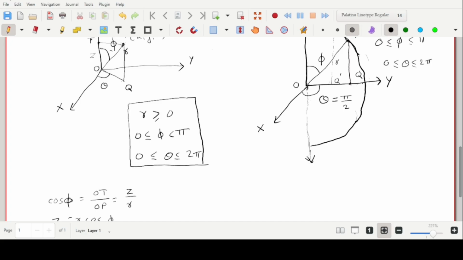Now here OT is R cos phi, then OQ is R sin phi.